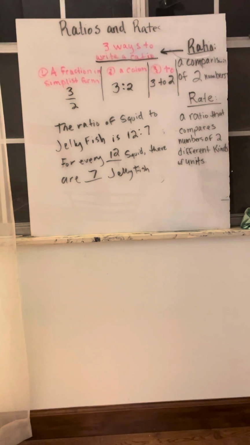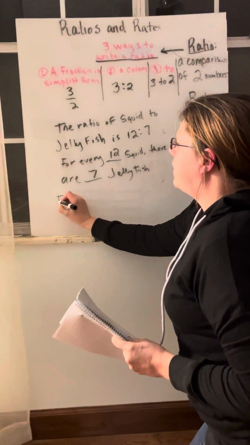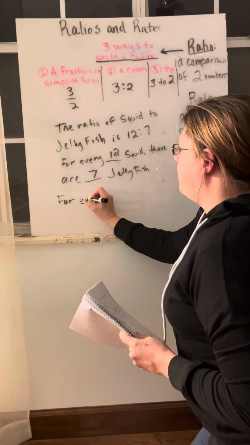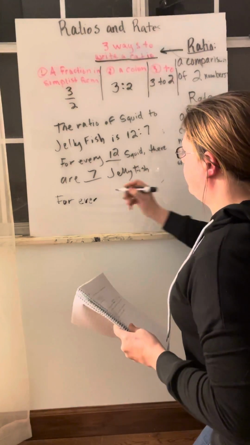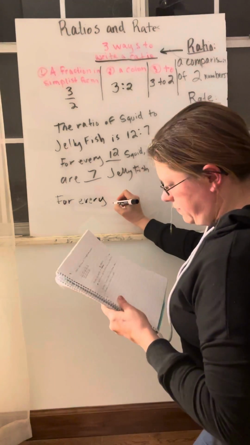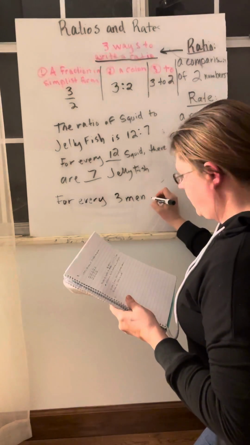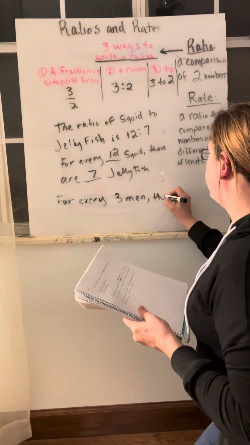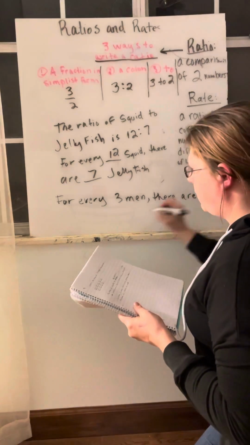Another type of problem would be something like this. For every, make sure that doesn't fall again. Whoops. 3 men, there are 4 women.